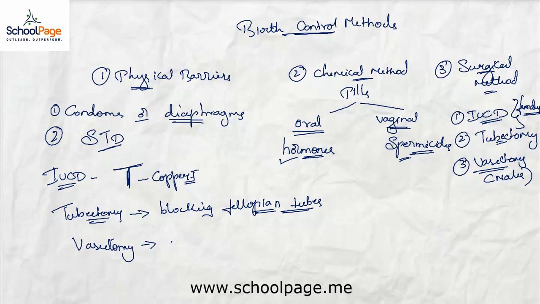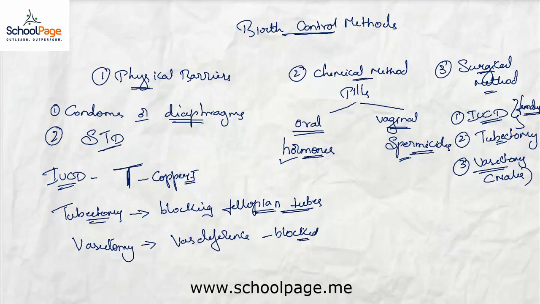Vasectomy is a surgical procedure in which the vas deferens of the males is blocked. Recall that it is through the vas deferens that the sperms travel from testis to penis. And if vas deferens is blocked, all the sperms produced in the testis will remain in the scrotum and hence are unavailable during the sexual intercourse for fertilization of an ovum and hence no pregnancy. So this is how vasectomy prevents pregnancy.